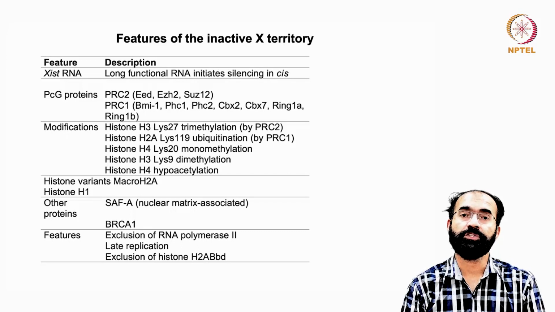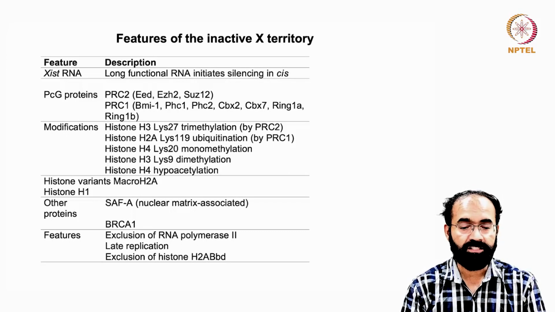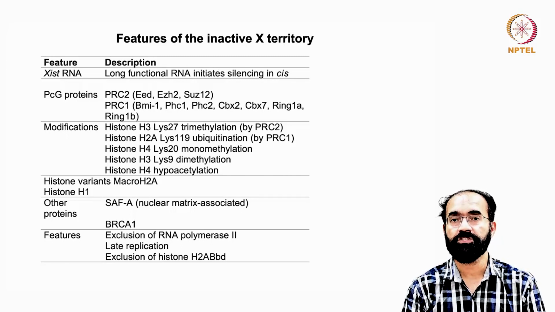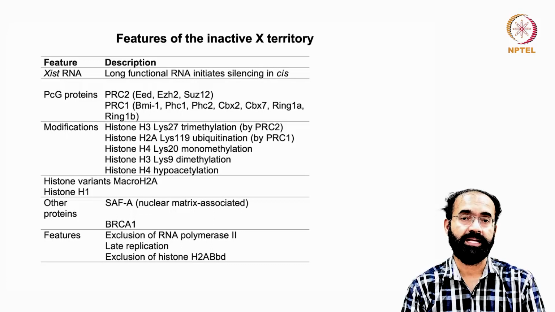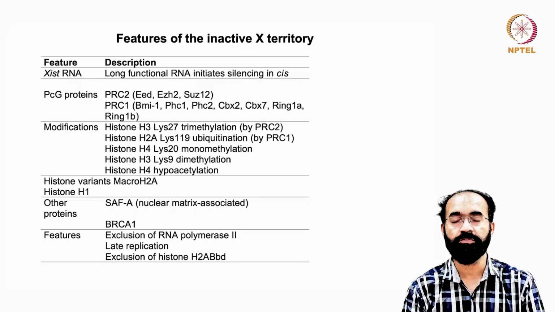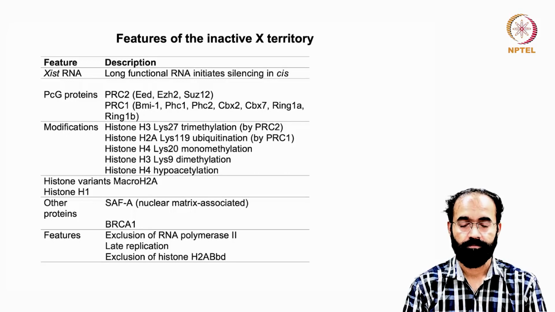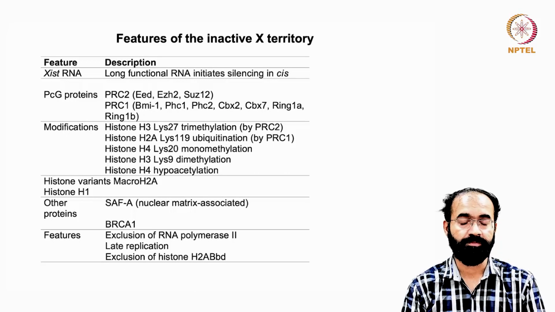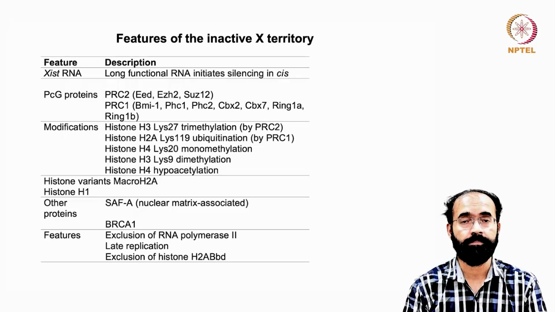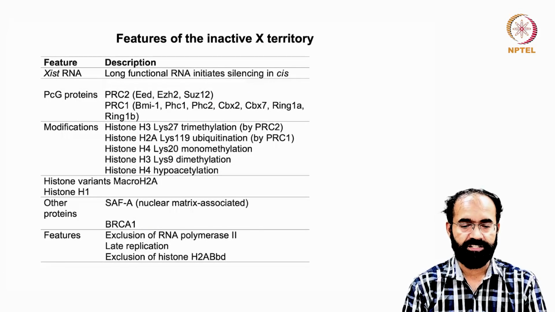It also exhibits some uniqueness. What are they? Exclusion of RNA polymerase 2. We know what RNA polymerase 2 does to DNA: it facilitates the expression of mRNAs. So it is not welcome on this inactive X chromosome. If RNA polymerase 2 comes in, there can be some expression that can sabotage the dosage compensation.